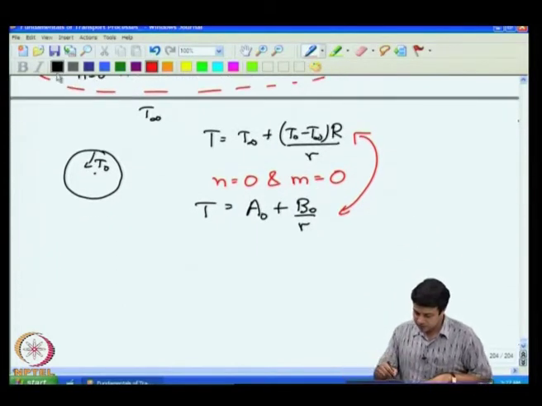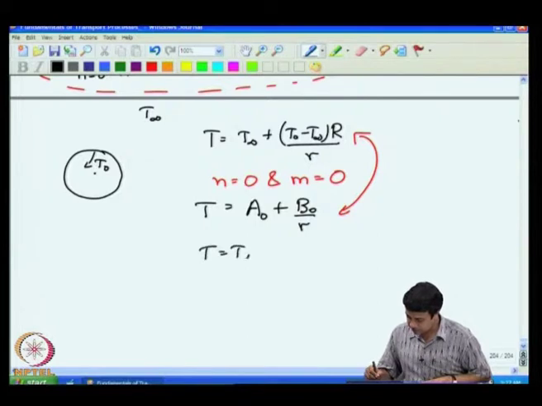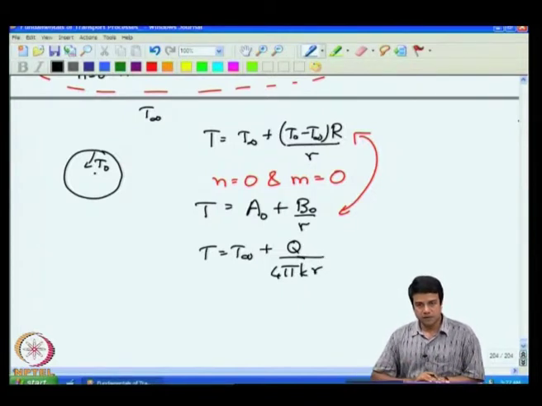In that case, if you recall, we had got the temperature T infinity plus Q by 4 pi k times R. If we take the limit as the radius of the sphere goes to 0, this corresponds to the point source, and the total amount of heat coming out of this point source is equal to Q. This is what is called a source term. So, n equal to 0 and m equal to 0 corresponds to a source of heat or a source of mass.